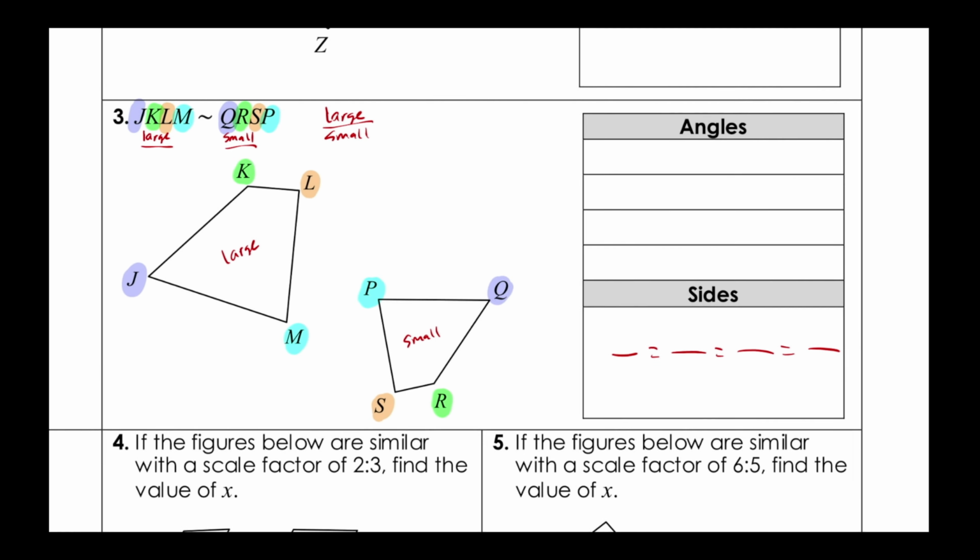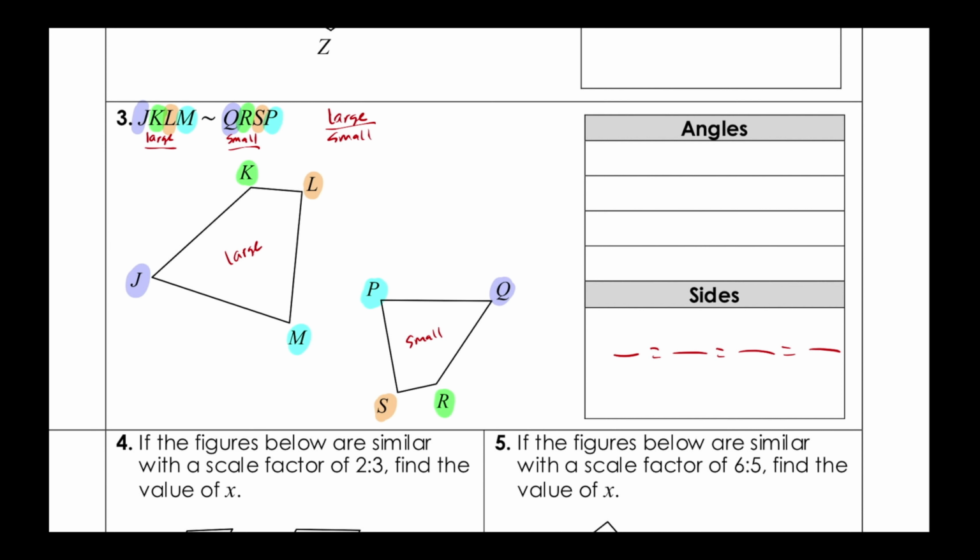Okay? The colors should definitely help you out, because now you can see, oh, I know what angles match. Angle J, the purple one, is congruent to the other purple one, angle Q, because they're both first. Let's go next. Angle K, which is the green one. Uh-oh. This isn't real ink. Why does it look like I'm running out of ink?